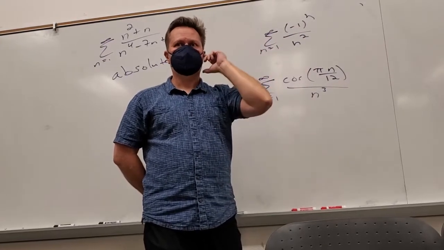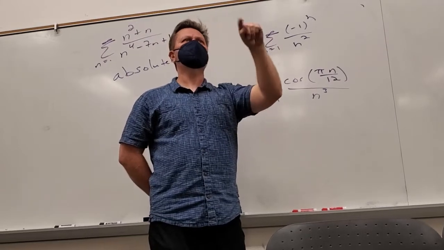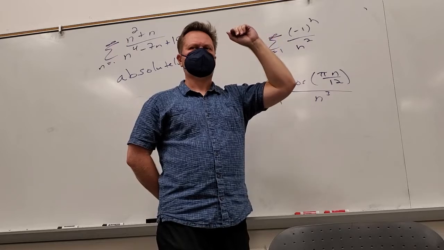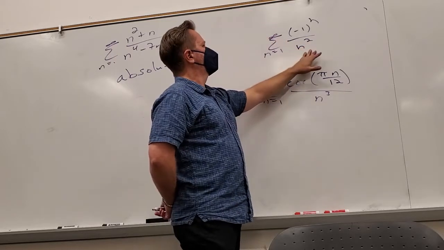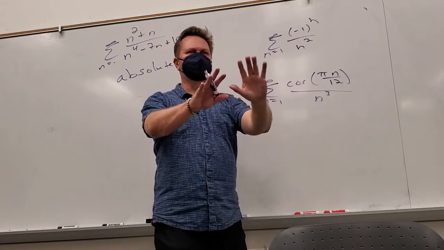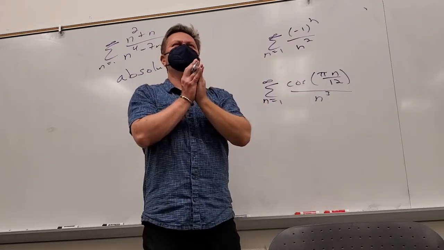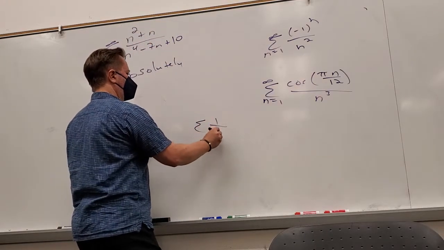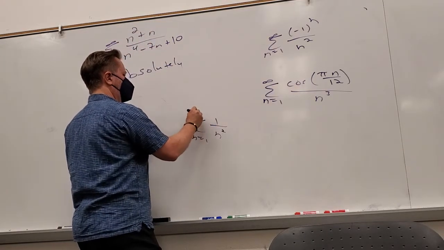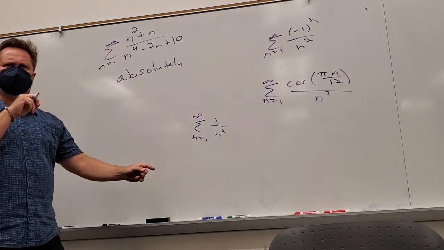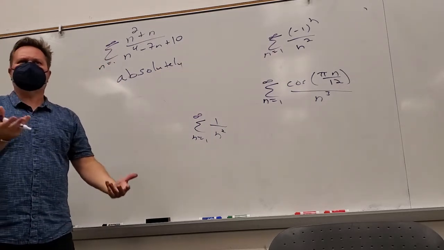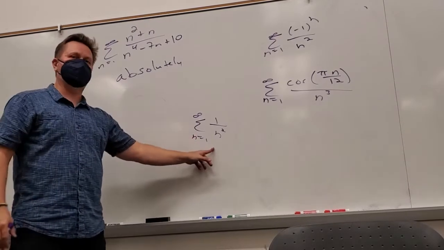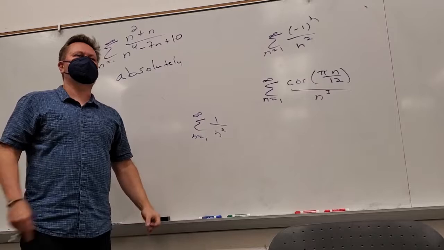But what would you use to compare that to? 1 over n squared. Yeah, but do you see how you have to know what 1 over n squared does in the process of trying to figure out what 1 over n squared does?